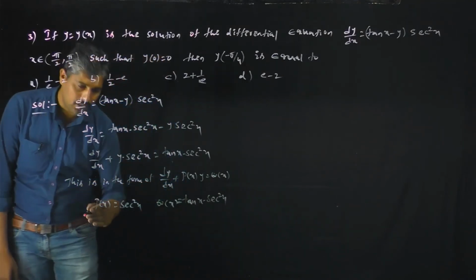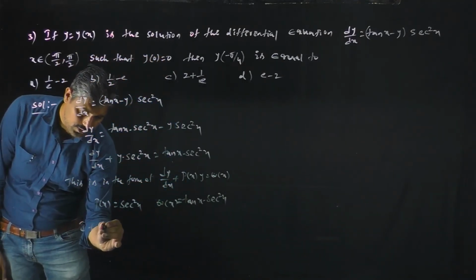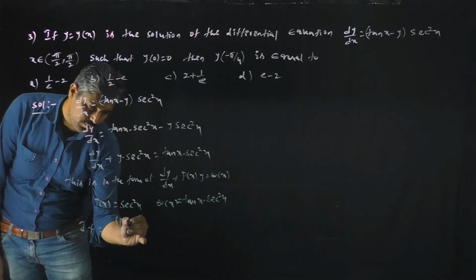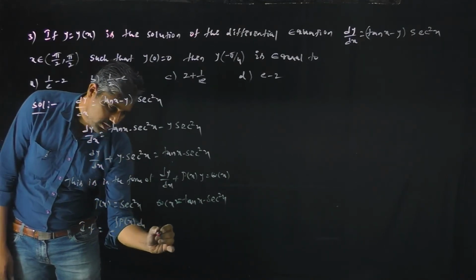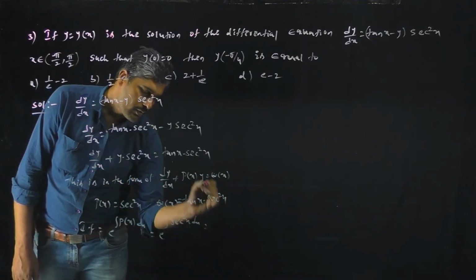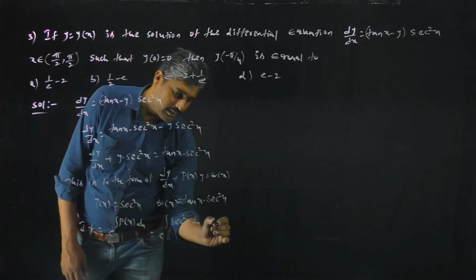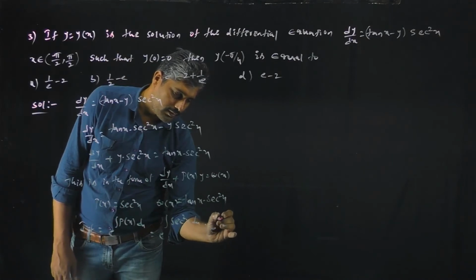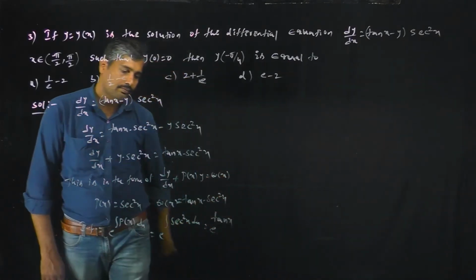First find the integrating factor, that is e to the power integral p of x dx, that is e to the power integral secant squared x dx. We know that the integral of secant squared x is tan x, so it is e to the power tan x.